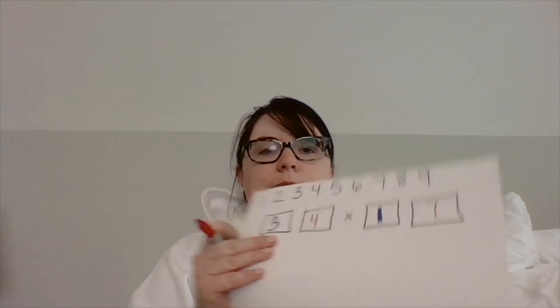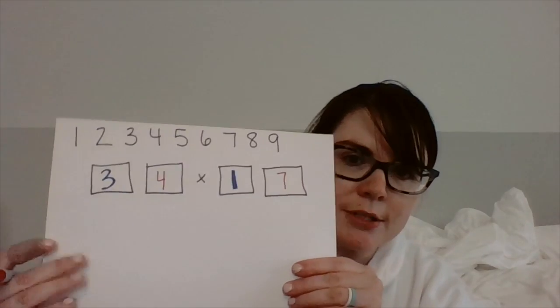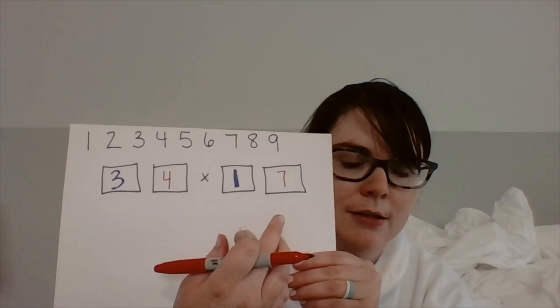So my first number is 34, and then 17. I've written my numbers to help me keep track when I'm multiplying them together. So my 2-digit numbers are 34 and 17.